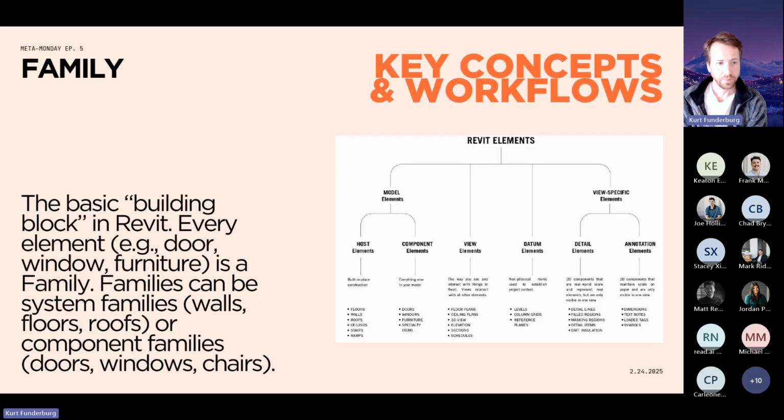And that's just letting you know what it is that you're hovering over before you select it. Okay, a family is the basic building block of Revit. It is anywhere from the sink that we wash our hands in to a towel bar to a wall or the view title on the sheet or the title block. All of those are families. So it can be a very generalized sense, or it can be like, hey, interiors needs a piece of furniture that they don't have yet.